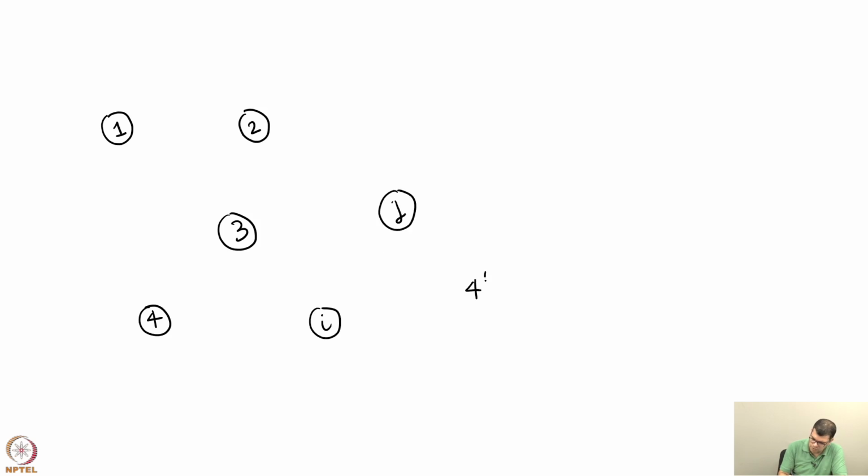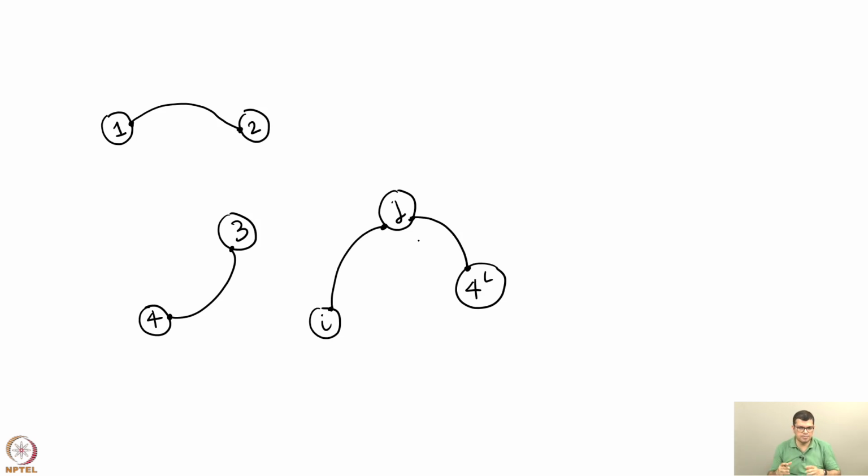Going all the way to 4 to the power L, and let us say 1 and 2 are connected, 3 and 4 are connected, I and j are connected, and so on and so forth. What these connections mean is that these two sequences are separated from each other by only one Hamming distance.